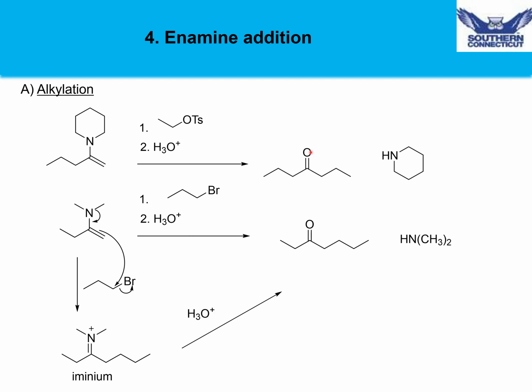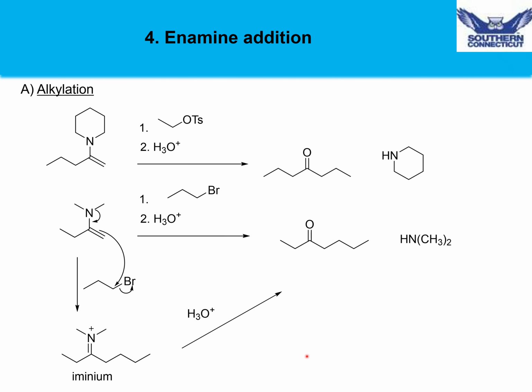The reason for that is, remember, the formation of enamines is a reversible reaction. So if we add aqueous acid, we could go back to a ketone or an aldehyde plus a secondary amine, which is what we did here.